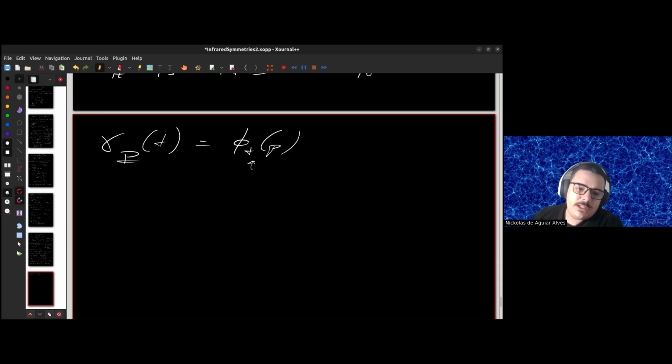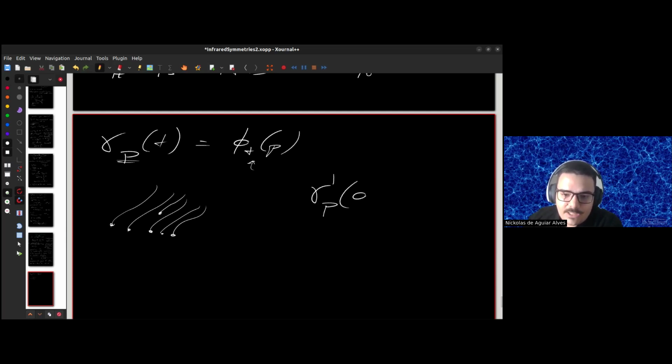So I have this sort of structure. And what is interesting is that I can now consider many different values of P. I pick many different points in my manifold. And I'm going to have what we call a flow. I'm going to have all these guys here, which are giving me different trajectories depending on where I start. And I can then just consider the derivative of each of these curves at 0. And this is going to give me a bunch of vectors.